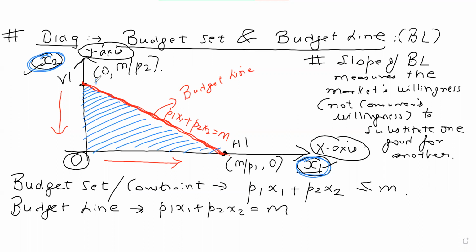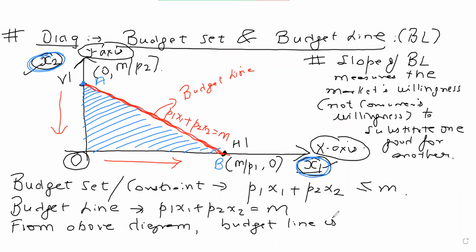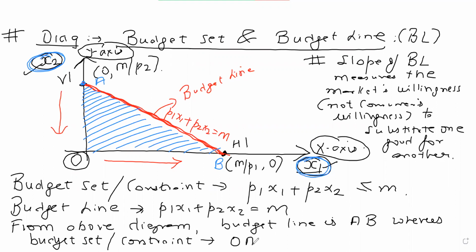Suppose the vertical intercept is A, the horizontal intercept is, let's say, B. From the above diagram, to make it more clear, budget line is AB, whereas the budget set or the budget constraint, whatever you want to say, is OAB.